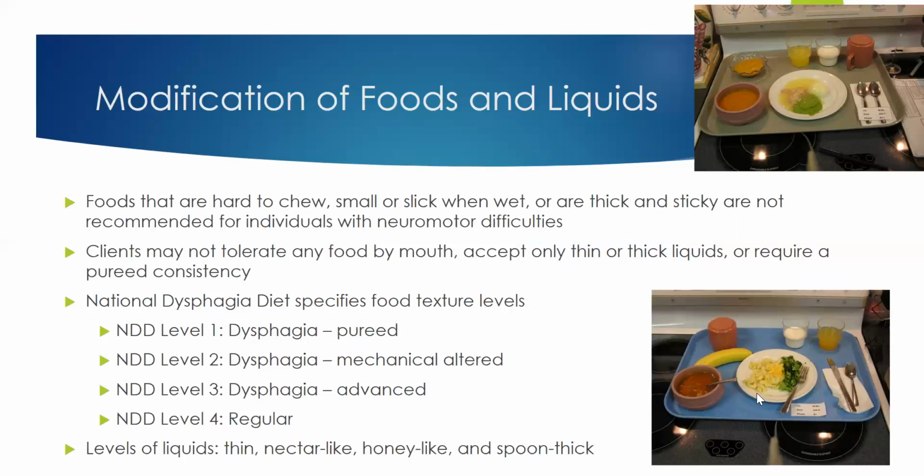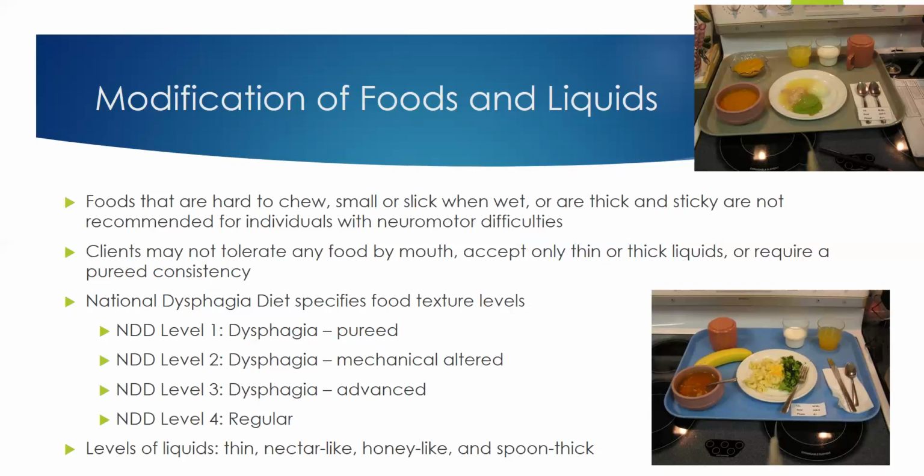So as we move from pureed to regular, there's two steps, and the National Dysphagia Diet Task Force has worked on these levels, and we've got many descriptors to help guide healthcare practitioners and dietary staff to have consistent application of these principles. So with mechanical diets, these things are usually chopped or ground up, and often will have sauces and gravies.